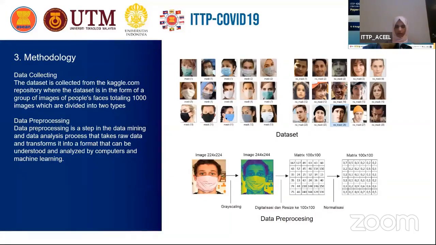And then data pre-processing. Data pre-processing is a step in data mining, the process of taking raw data and transforming it into a format that can be understood and analyzed by computers and machine learning. In the data processing, we do grayscaling, digitalizing, resizing, and normalizing the data. We can see the picture in the presentation.